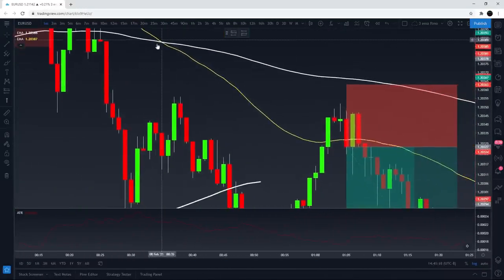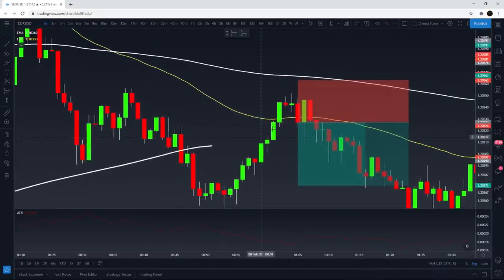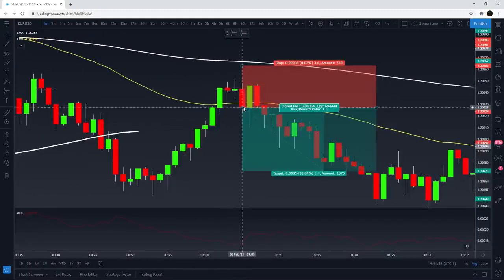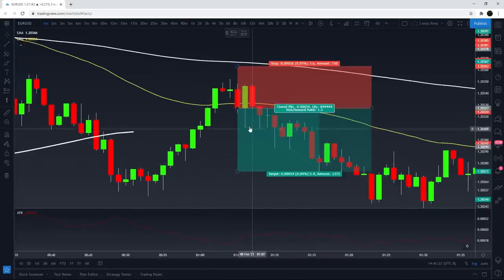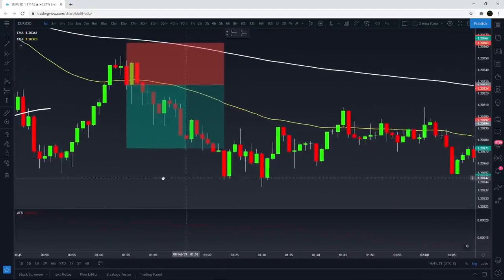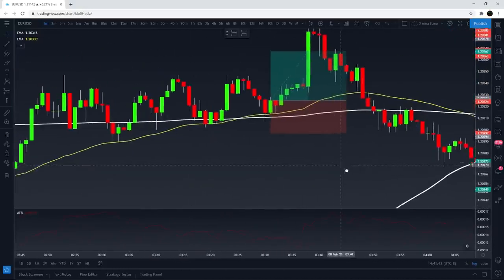Get another one over here with the cross down, and then we just wait until the pullback into the 50. After this pullback, we wait until that red candle appears and closes below that 50. That's our entry. And as you can see, stop loss is the same, 2 times ATR, targeting 1.5 times the risk. That one's good.